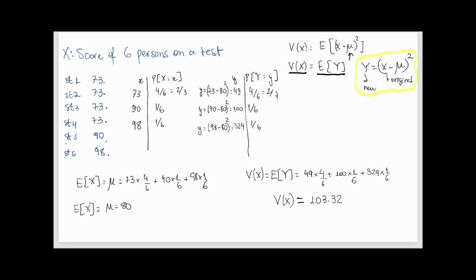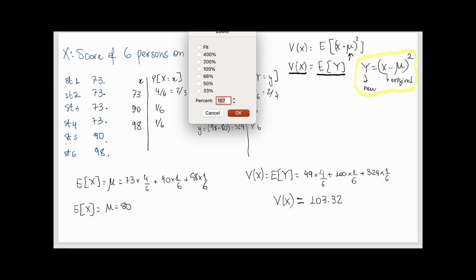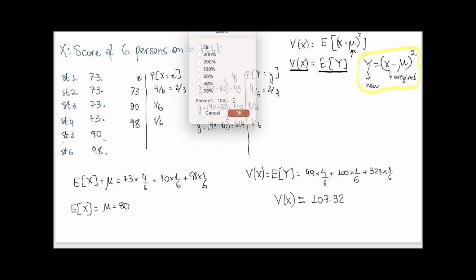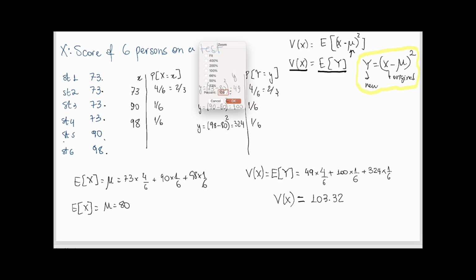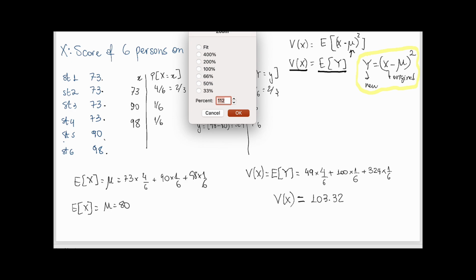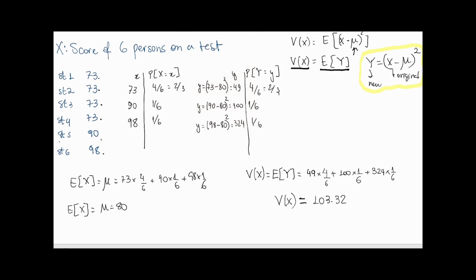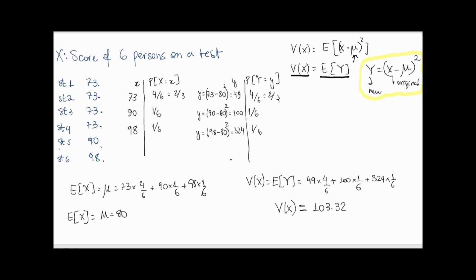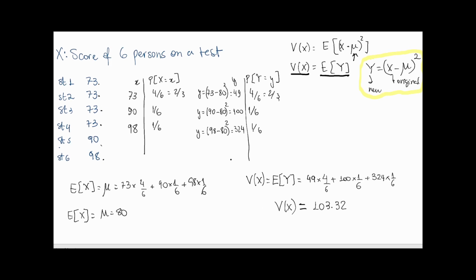So let's stop here a little bit and think about this. Let me just zoom a little bit more. What are the steps that we did to find the variance? Let's go through this.